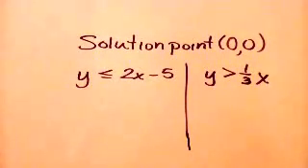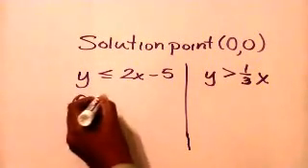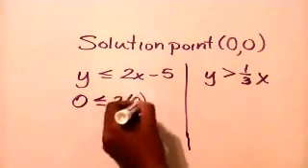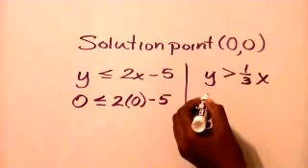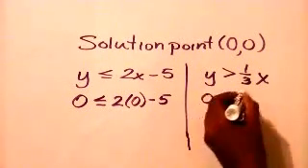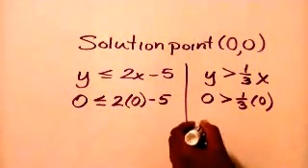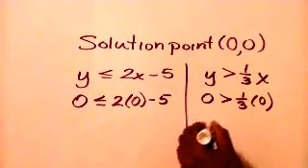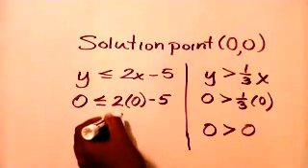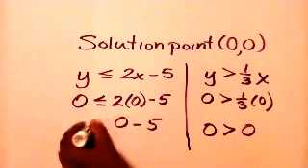I picked another point that was outside of the orange solution region. 0, 0. 0, 0 is actually a point that was on this inequality line. So let's see how it goes. Okay, 1/3 times 0 is still 0. And over here, 2 times 0 is 0.